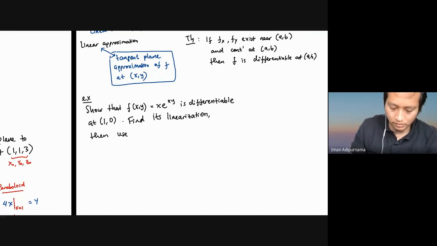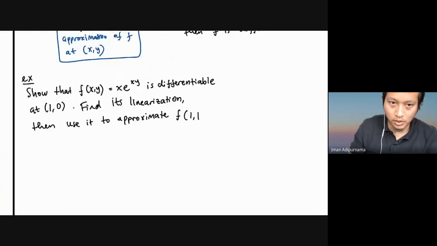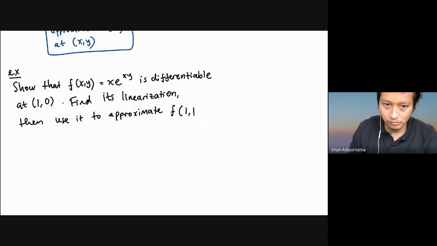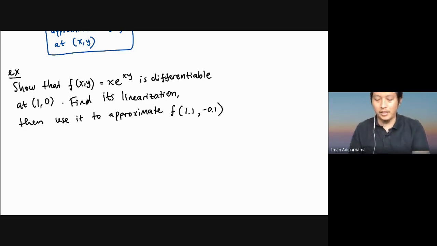Then use it to approximate 1.1 and negative 0.1.